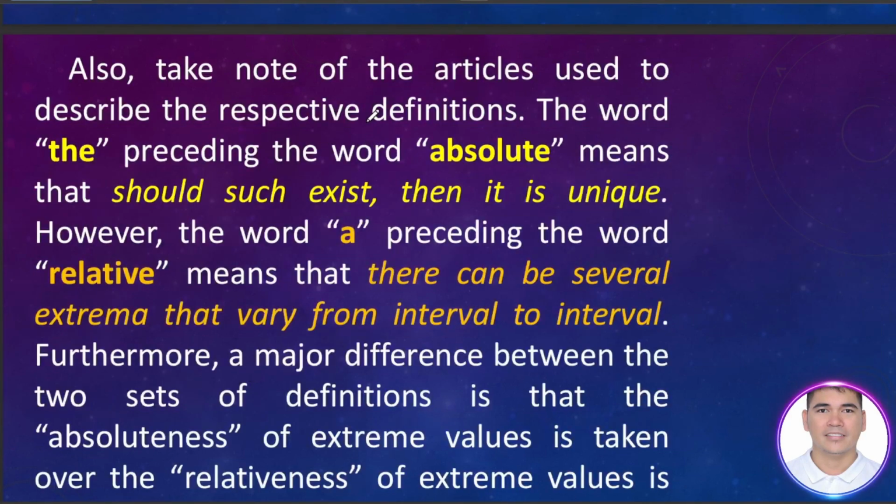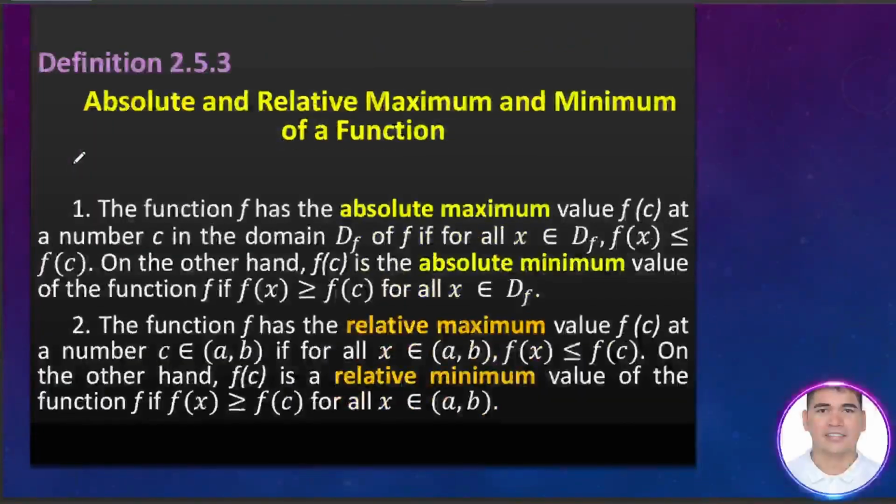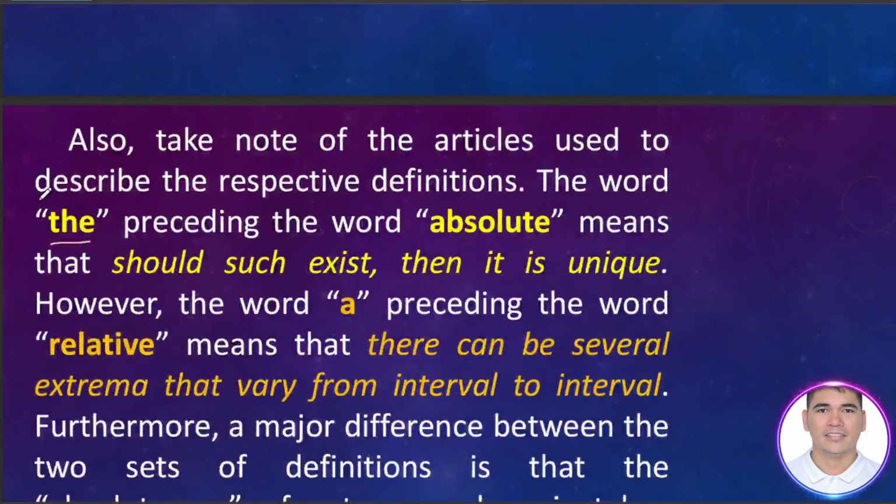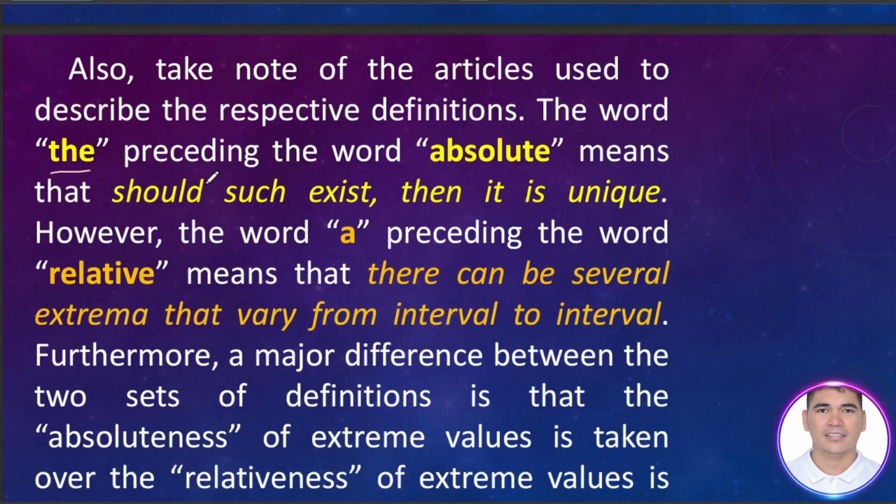Also, take note of the articles used to describe the respective definitions. First is the word the, as in the absolute. What does it mean? The word the preceding the word absolute means that it should exist. That should exist. Then it is unique.